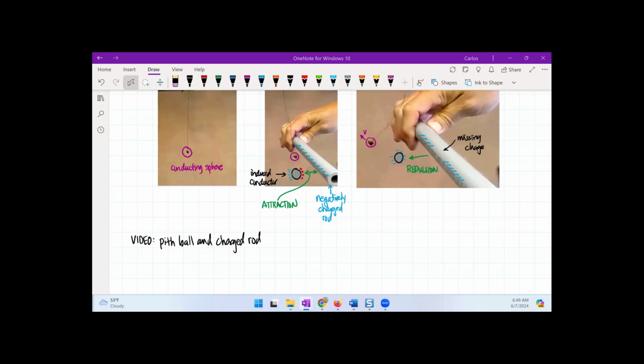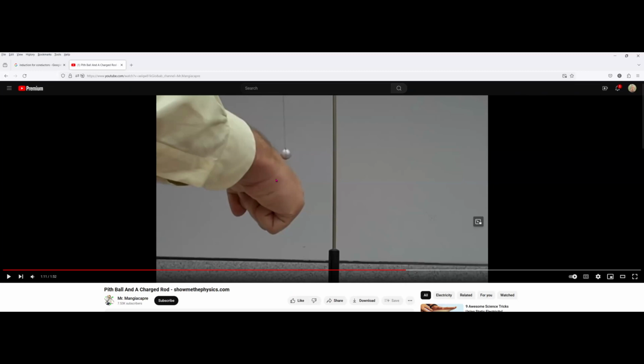And here it is. The first thing you're seeing here is that the person is touching the pith ball with his hand. This is important because it neutralizes the pith ball. So here we go.